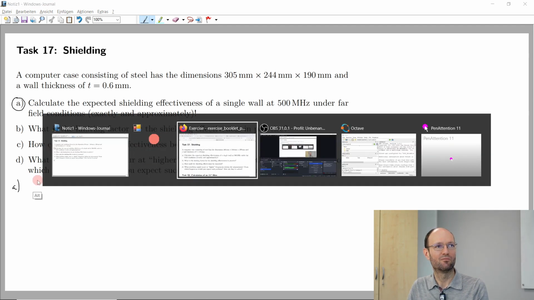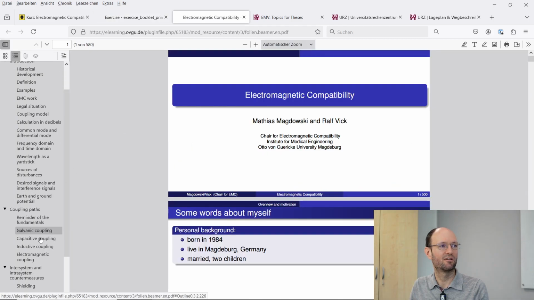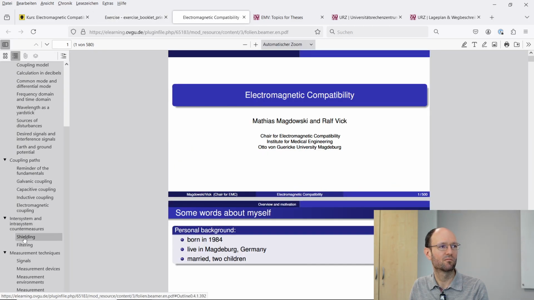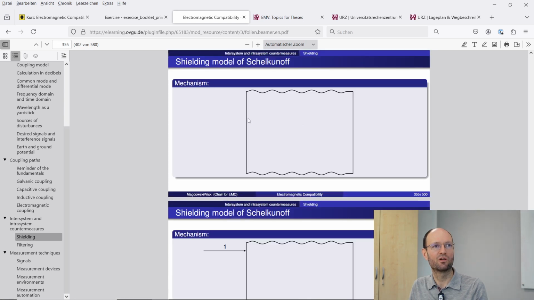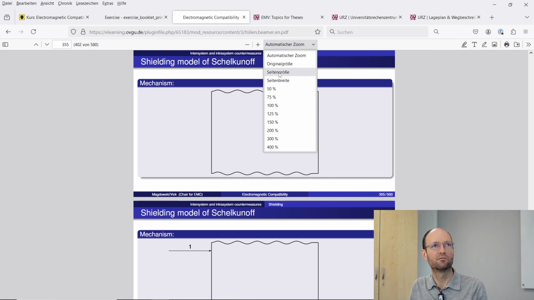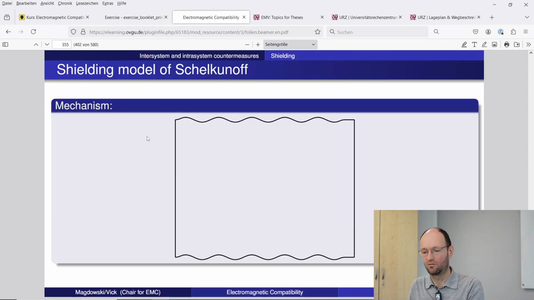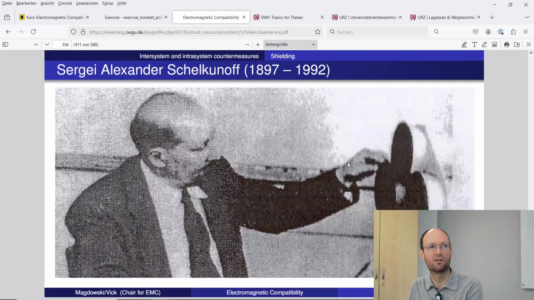So if we switch back to our lecture slides and go for shielding. So, we had this shielding theory of Schelkunoff, and discussed this, that we have this external wave, and then we have reflection and absorption and transmission and so on through the shield.